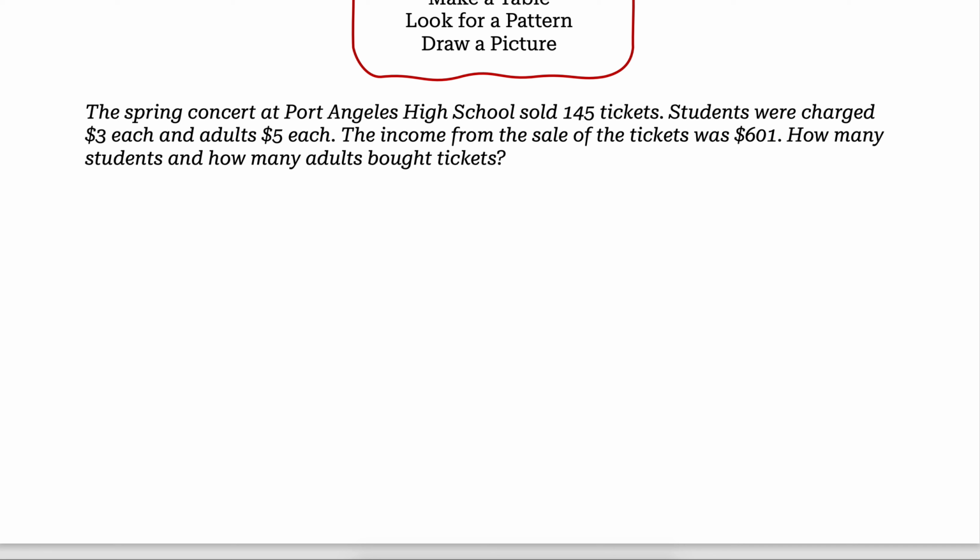So I'm going to do several columns in this table. I'm going to have one column for the number of student tickets that were sold. And then a second column with the number of adult tickets.